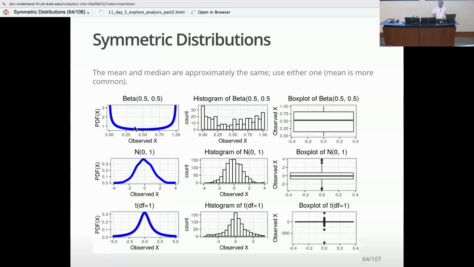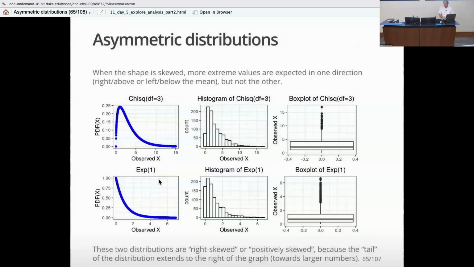And all of them are symmetric, right? So if you look, you can identify the center, and they're symmetric around the center. And so in all 3 of these cases, when there's a symmetric distribution, usually the mean and the median are going to be about the same, and you can use either one. For a normal distribution, the mean is often a good representation.